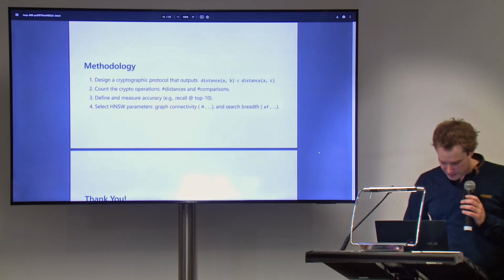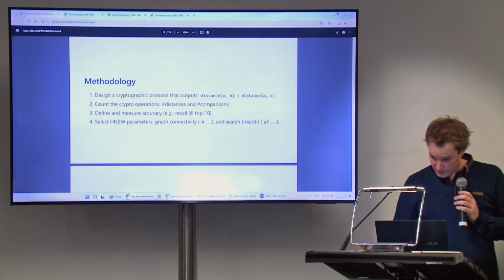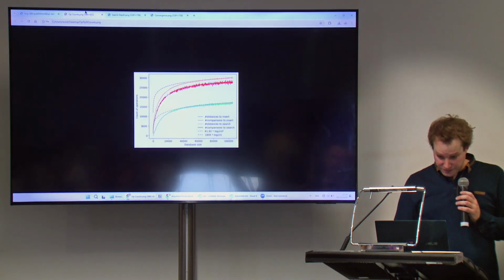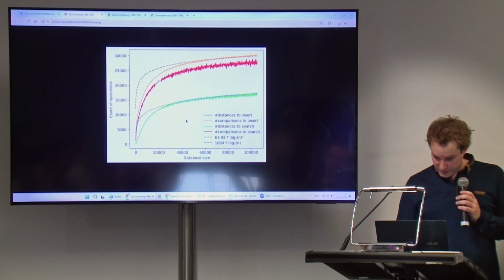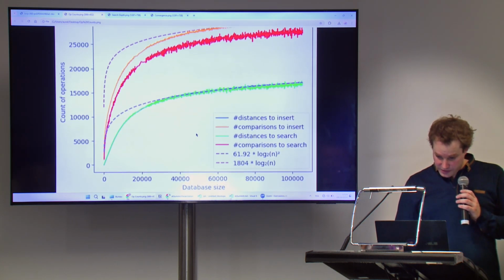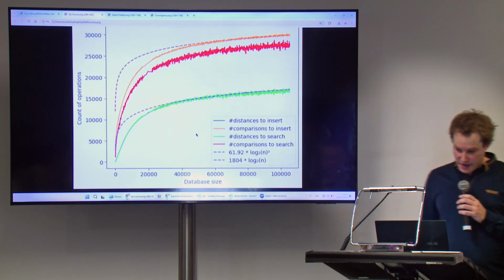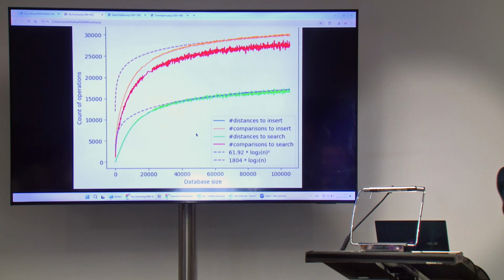Let me just find the pictures. So that's the kind of scalability that you can get. With the database size increasing, you see very clearly the logarithmic scaling, and when you multiply this by 100 to the right, you're going to be very happy that it stays flat.